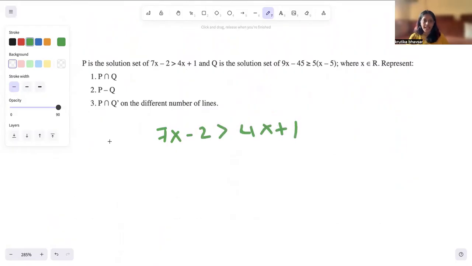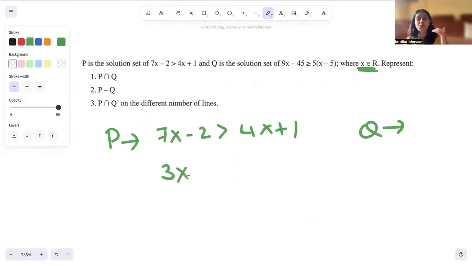Okay, we have two sets. We have P and we have Q. So we are going to solve them separately. And x belongs to real. Let's see what P gives us. Now we know that like terms we have to take to another side. So 7x minus 4x is actually 3x.